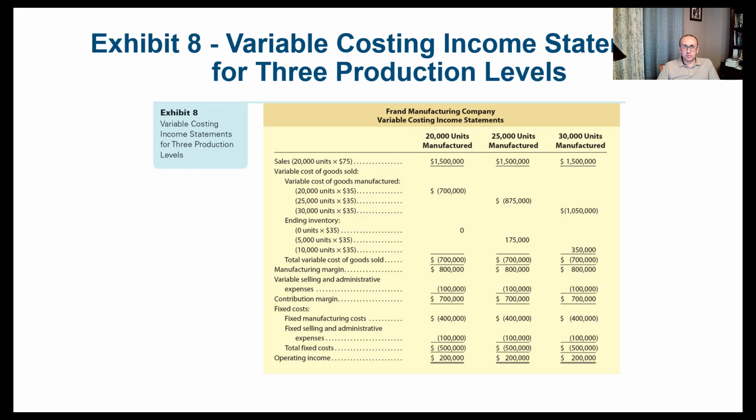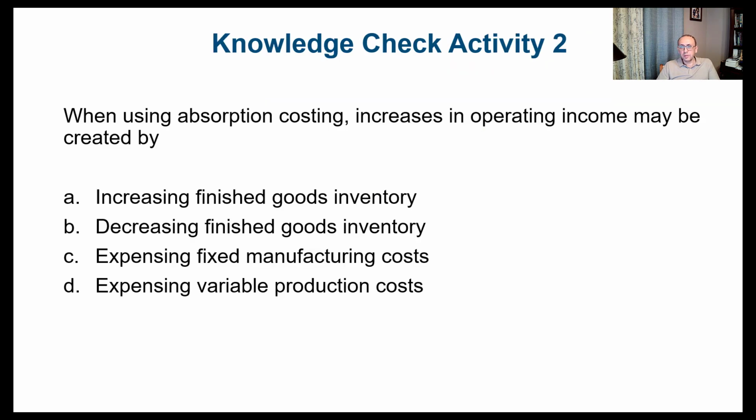Now let's test our knowledge. When using absorption costing, increases in operating income may be created when? By increasing finished goods inventory, decreasing finished goods inventory, expensing fixed manufacturing cost, or expensing variable production cost. The last 2 are irrelevant, because they are not really relevant to what we're trying to see here, which is the increase in operating income, the bottom line number.